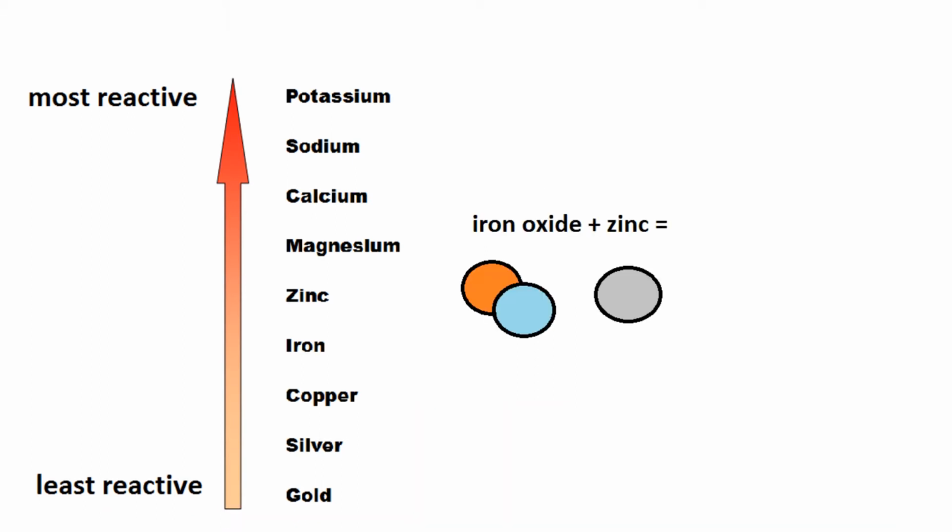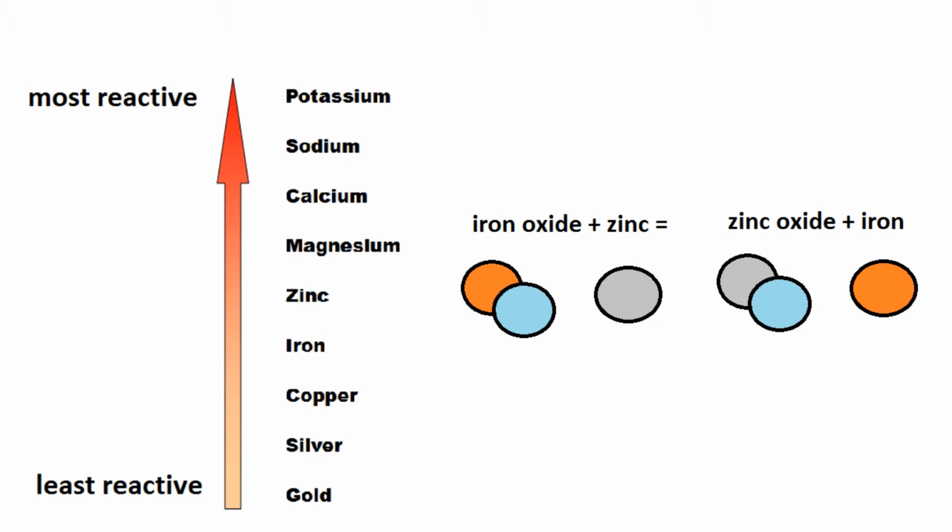What about then in this situation? Now, iron has already bonded with the oxygen. I've already got iron oxide, but now I'm introducing a second, more reactive metal. So zinc, if you look at the reactivity series, is more reactive than iron. In fact, it's so much more reactive than iron that it will displace the iron.